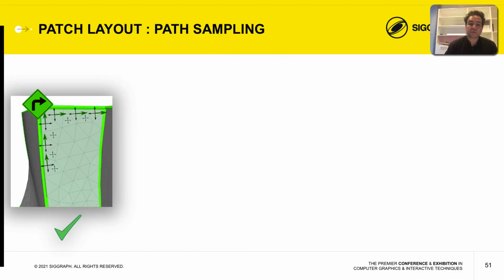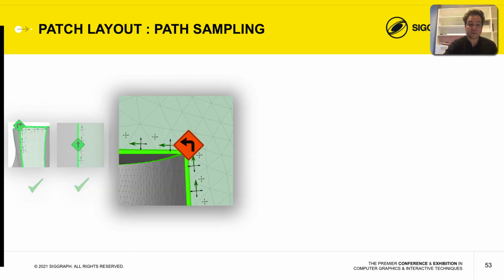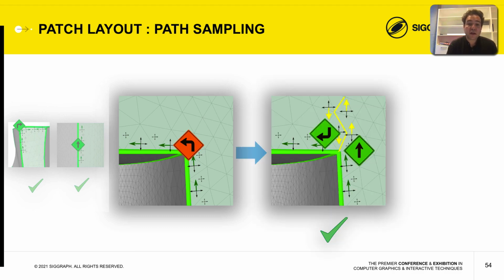Let's see, for example, how we can ensure the corners to be convex. If a corner is convex already in the initial feature, then it's fine. Also, every side belonging to a straight line is fine as well. However, if we have a concave corner, we need to split it into a convex corner and a straight line by just adding a path.